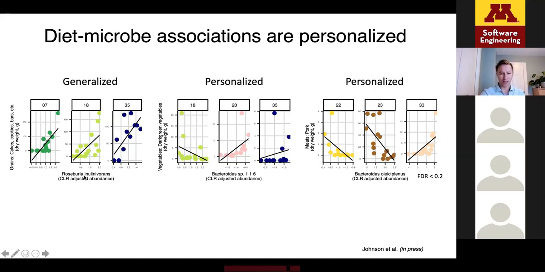Roseburia inulinivorans, if you look at the name, what does that bug eat? Inulin, which is a very common fiber additive in snack bars. Anytime you see a snack bar that says high fiber, if you turn it over, 95% of the time, it'll say inulin, parentheses, chicory root.